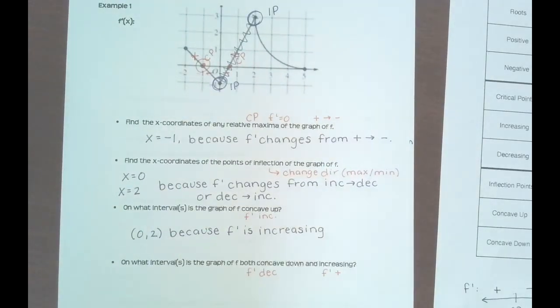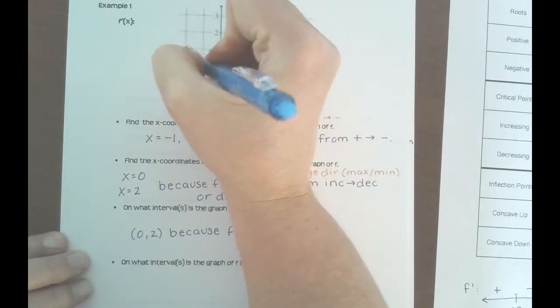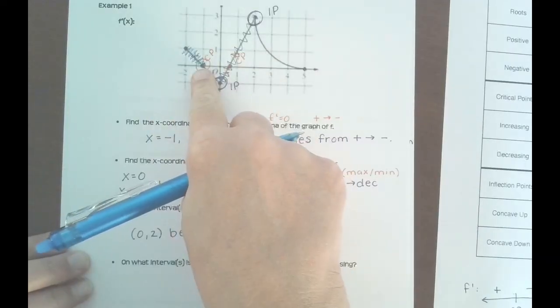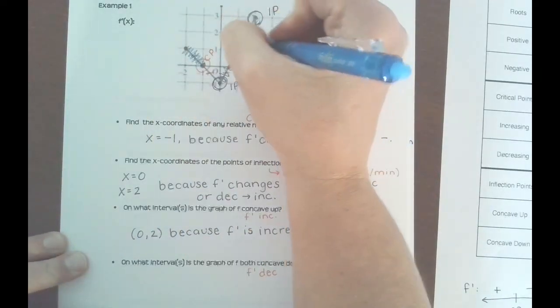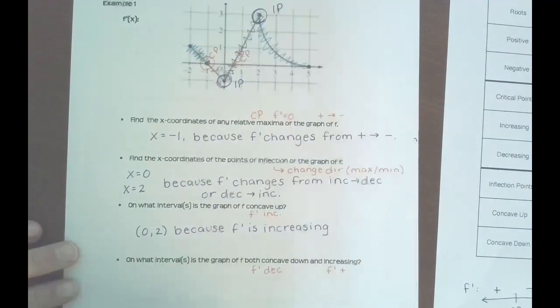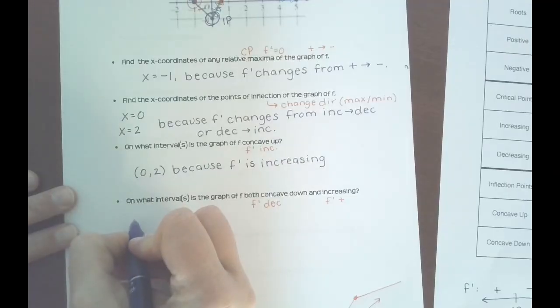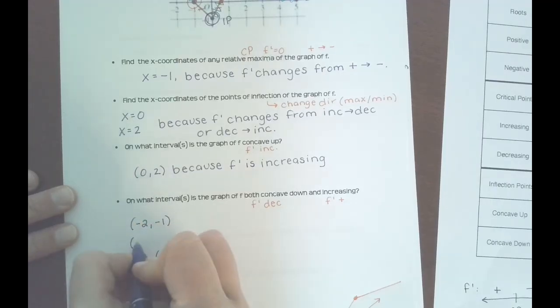Decreasing, but positive. Well, I see that happening here, but I'm stopping at that 0 there because then I'm not positive anymore. And I also see that here. Okay, so my answer to that question would be the interval from -2 to -1, and then also the interval from +2 to +5.